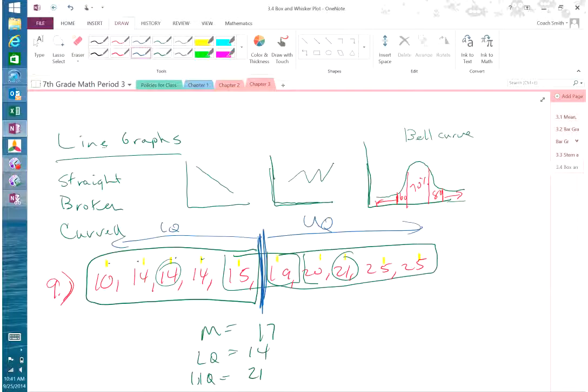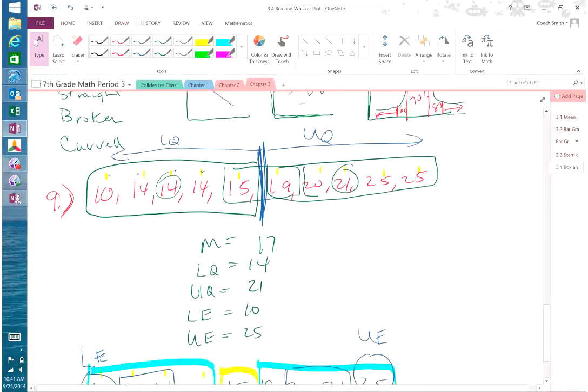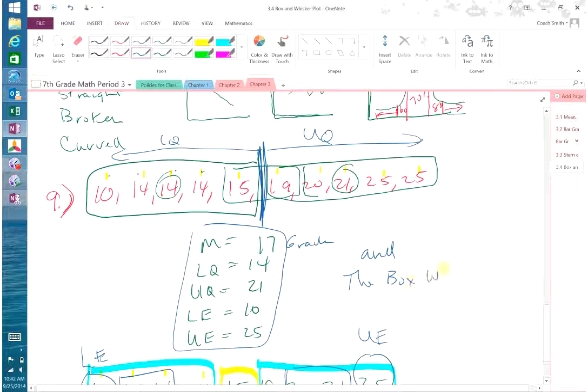So when you do the work, like number 9, this right here will be X's, and the box and whisker plot is going to be several X's. So you're going to have both. List it out. Do like number 9, just like I've done here.